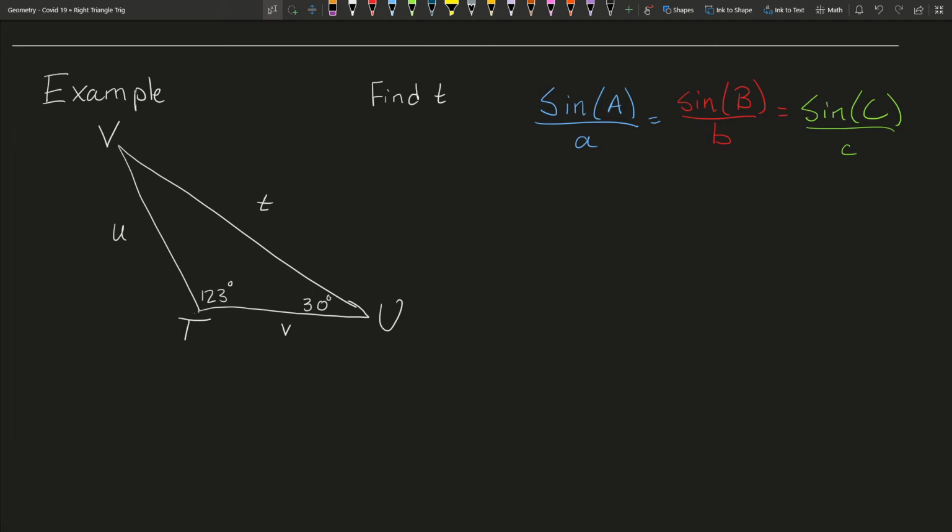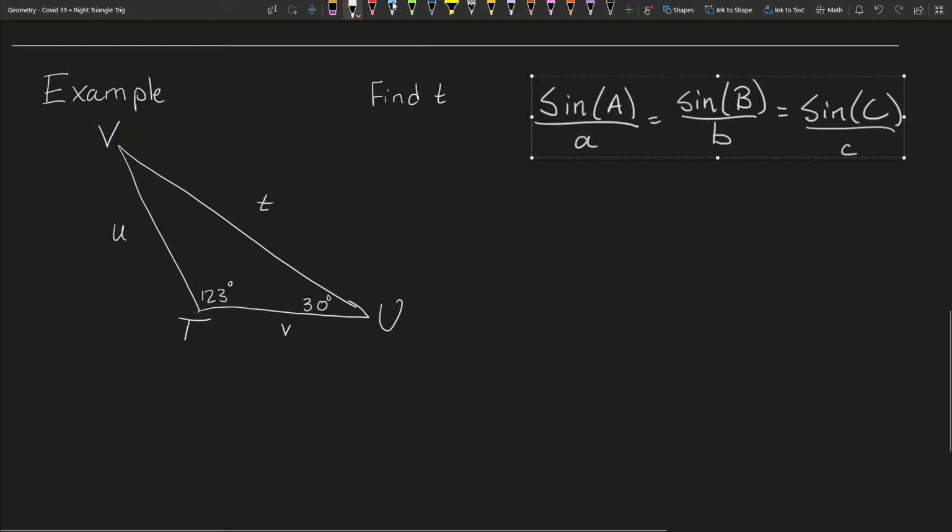You're given a triangle, a couple of angles, and a couple of labeled sides, and you want to solve for a specific side. And this V should be 12.